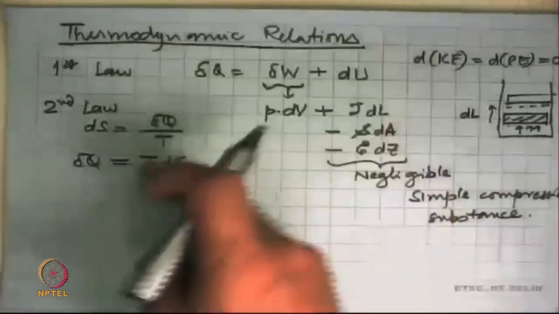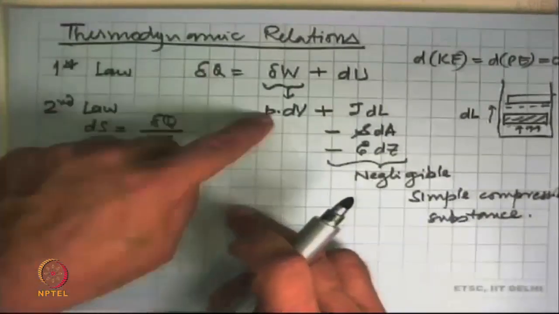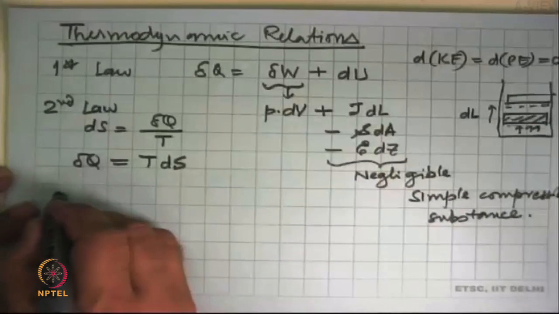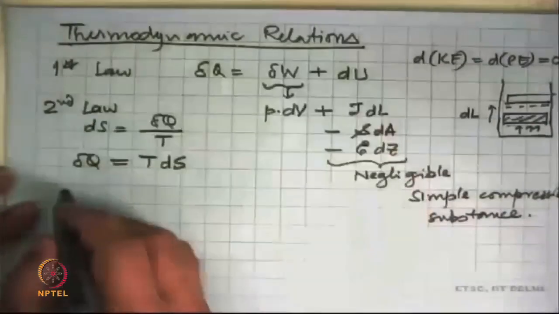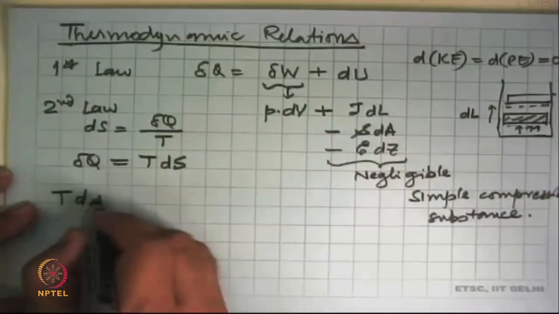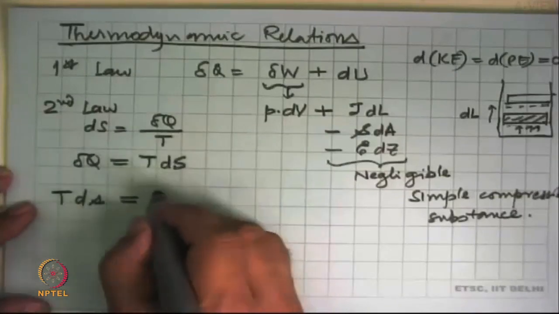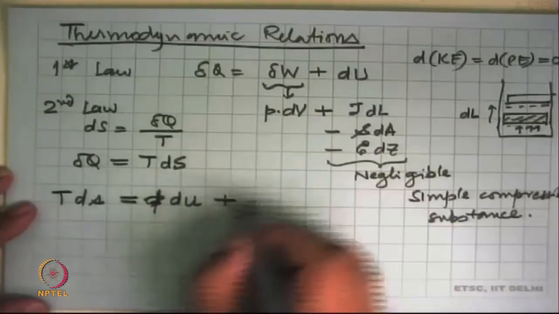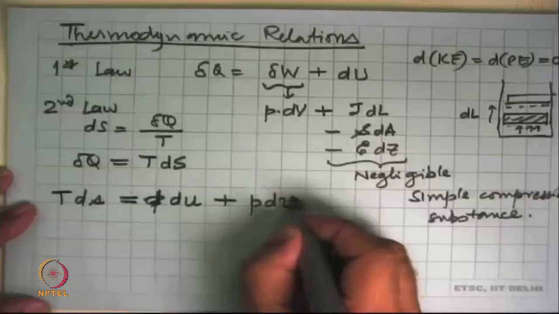So now we combine these two, put delta Q from here into this as PdV, and we'll write in terms of specific properties, because now we got only properties remaining in this equation. So we get T dS is equal to dU plus PdV.